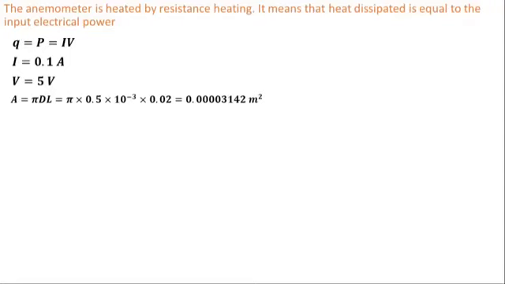Since the anemometer looks like a cylinder, if we take any wire in our hand, we will notice that the wire is in the shape of a cylinder, so the area perpendicular to the direction of heat transfer will be the surface area of the anemometer wire, which is the surface area of the cylinder, given by pi D L. The diameter of the anemometer wire is given as 0.5 millimeter and length is 20 millimeter.